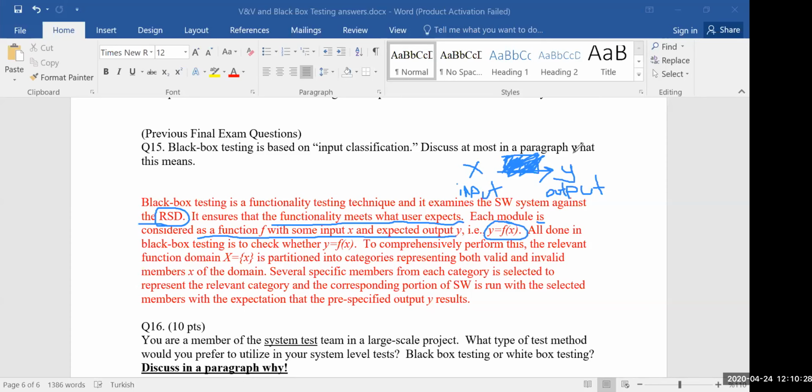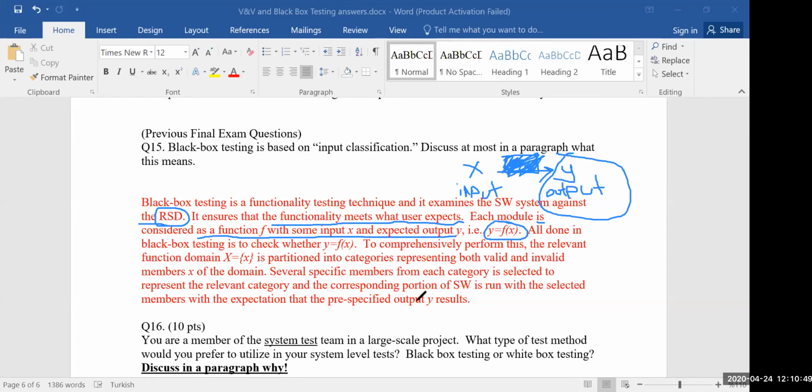We just want to see the output, and we want to compare it with the expected output. We are dealing only with the output itself.